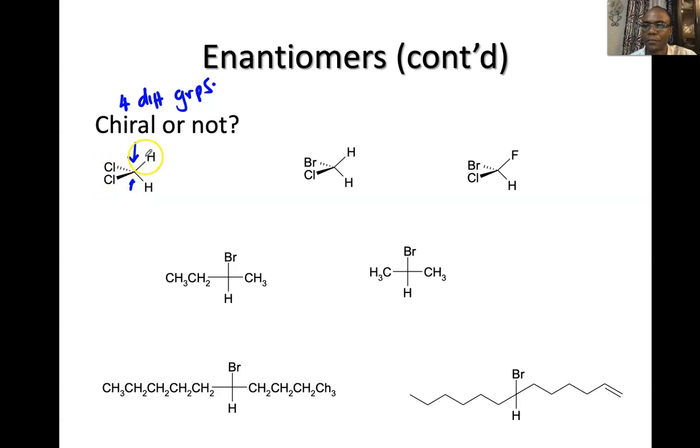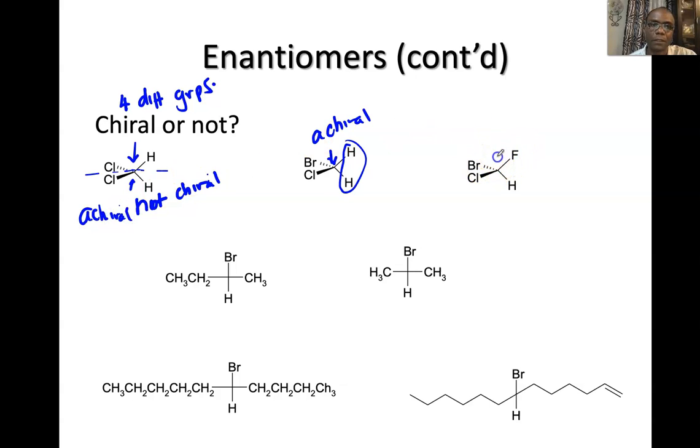No, it has 2 and 2 sets which are the same. In fact, I can have an internal plane of symmetry. Answer here is not chiral. What about this one? Still, those are the same. So that carbon is chiral. The molecule becomes chiral. So if it's not chiral, it's called achiral.